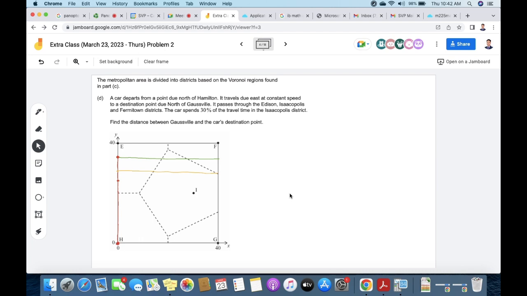Is it stated in the problem that the due north travel is constant? Try to read again. I'm talking about due north. Yes, the constant speed starts when he traveled to the east. Do you follow? So for the due north, we don't know any information for this. No info.